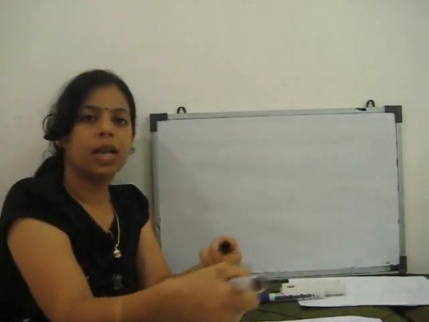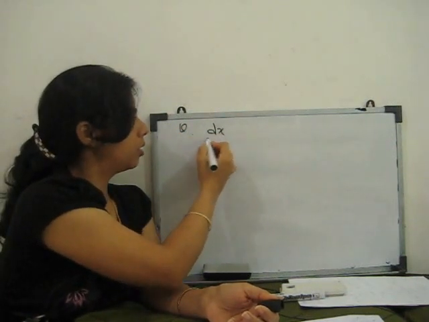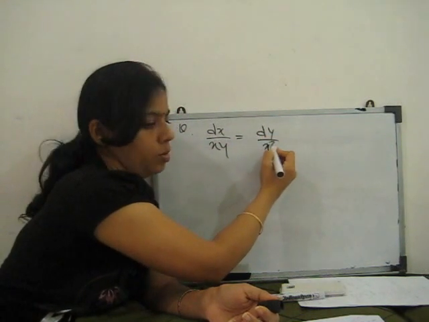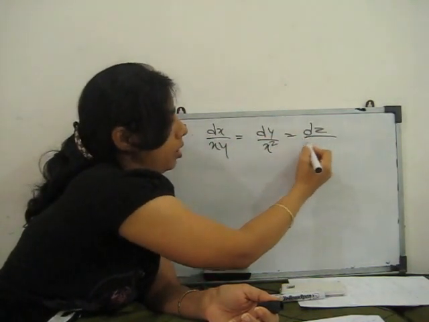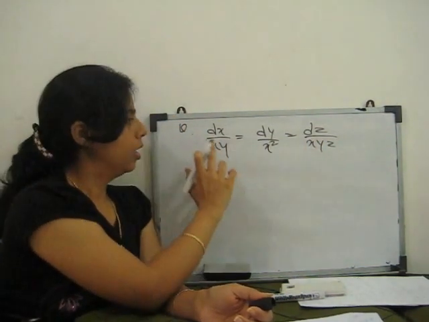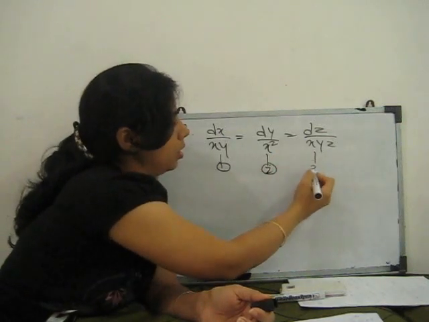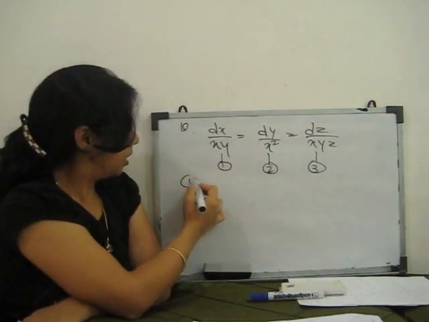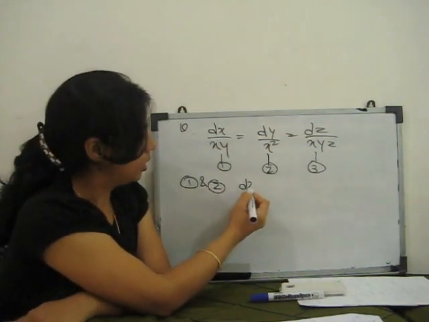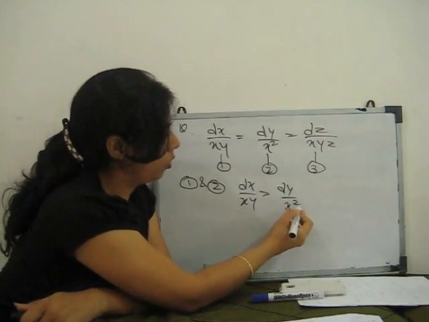First I will take one very simple example question. Suppose we have dx upon xy equal to dy upon x square equal to dz upon xyz, meaning P, Q and R. Now these are relations 1, 2 and 3. If we take 1 and 2, then dx upon xy is equal to dy upon x square.